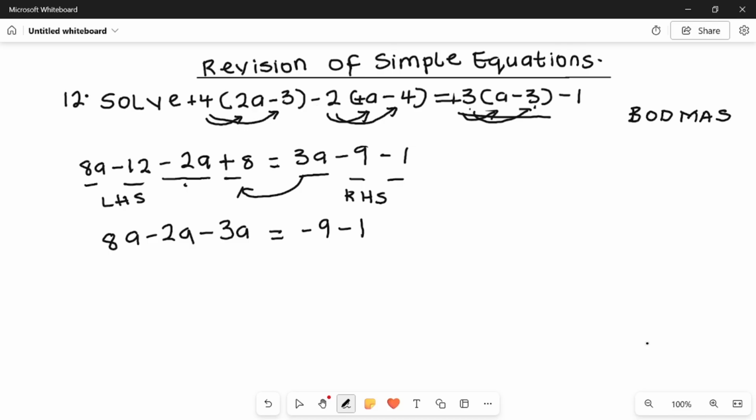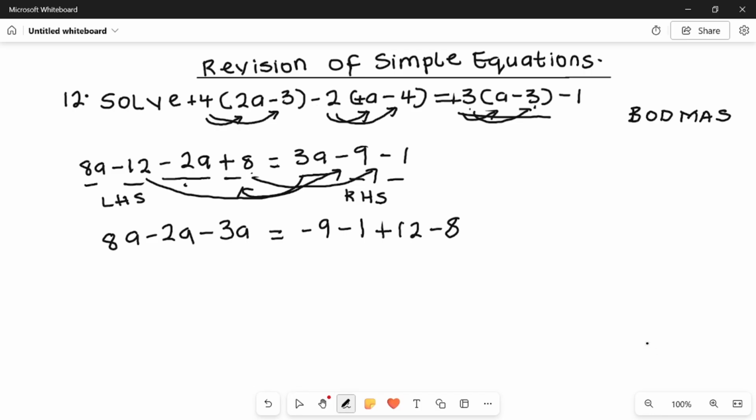If we bring minus 12 to this other side, the sign will change, it becomes plus 12. And finally, if you bring plus 8 to this other side, it becomes minus 8.